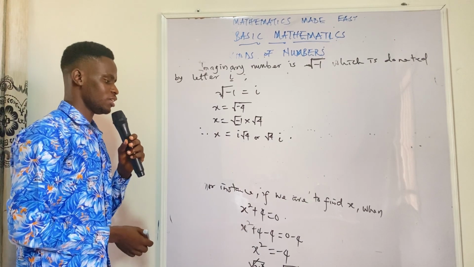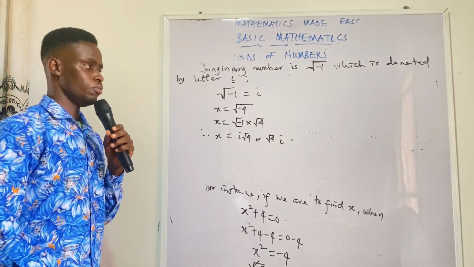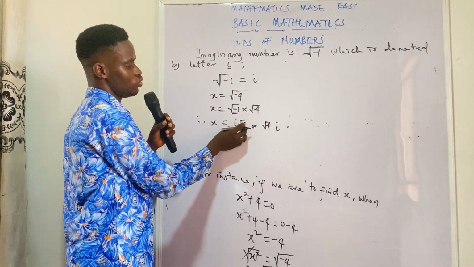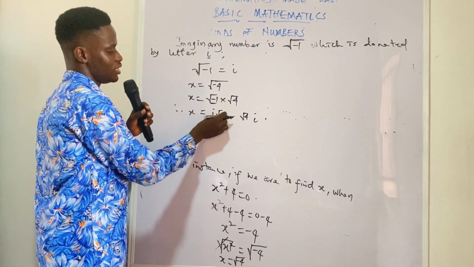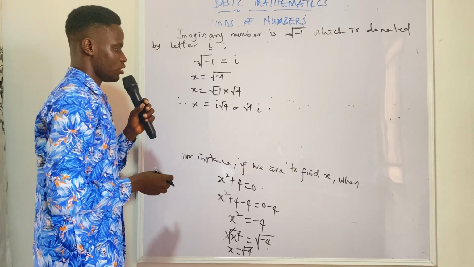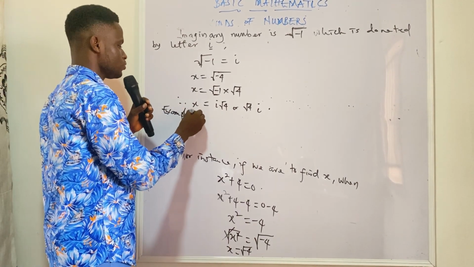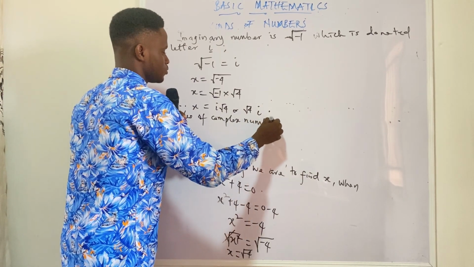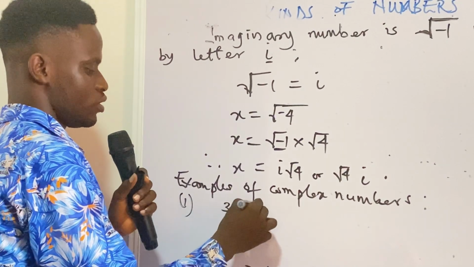You can see that there is a solution for this, but that one is under complex numbers. So this is an imaginary part of a complex number. Why is it an imaginary part? Because it has the imaginary root i in it. So what are the examples of complex numbers that we have? Examples of complex numbers. I can have it like, let's say, 3 plus 2i.